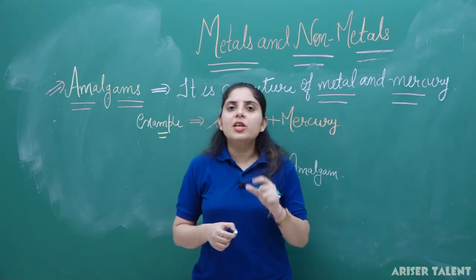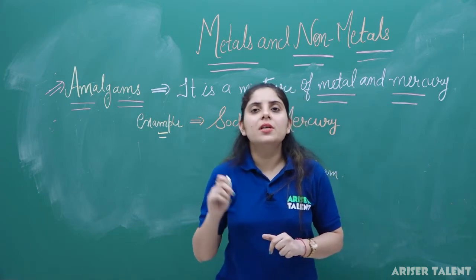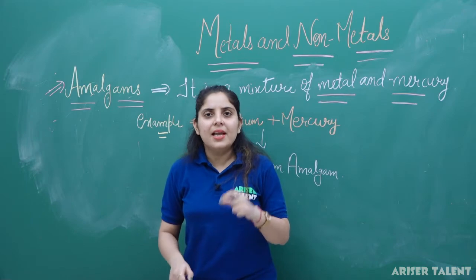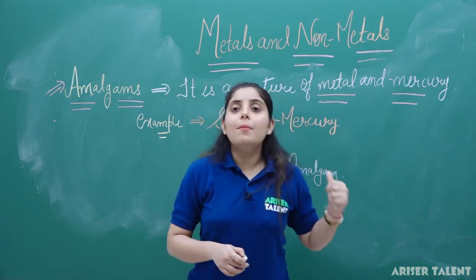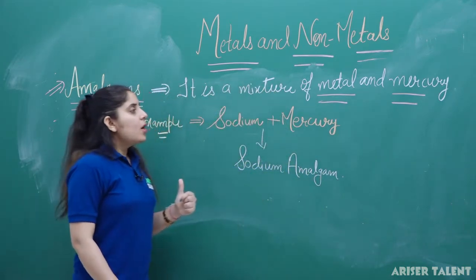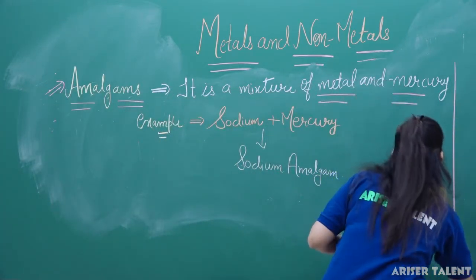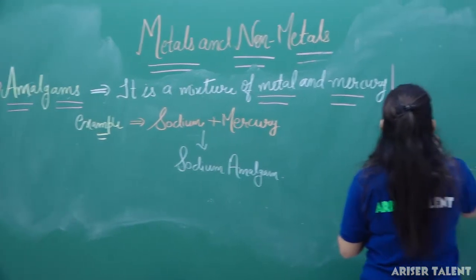Second, in the case of cheap mirrors, silvering is done using silver amalgam. Last, in the extraction of certain metals like gold and silver from their ores, amalgamation is used. So now we are going to deal with the applications of amalgam.